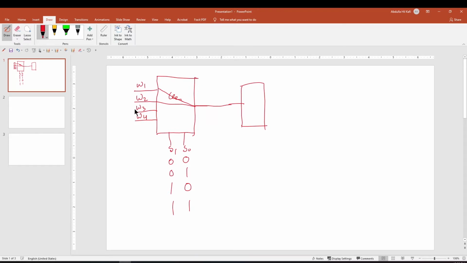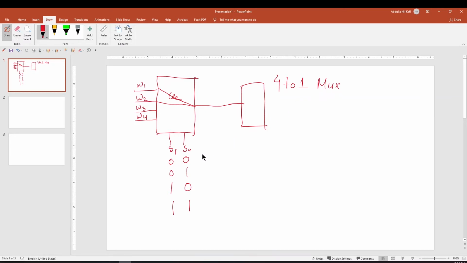As it has four inputs and one output, we call it a 4 to 1 mux. Often it is written as MUX. The full form is multiplexer, but we write it as MUX.